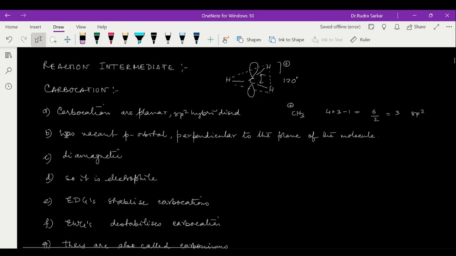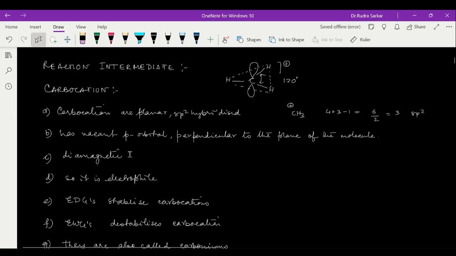Now, carbocation is planar, it will be sp2 hybridized. As I have said, it has a vacant p orbital, so it will be accepting electrons, and the p orbital is perpendicular to the plane of the molecule.